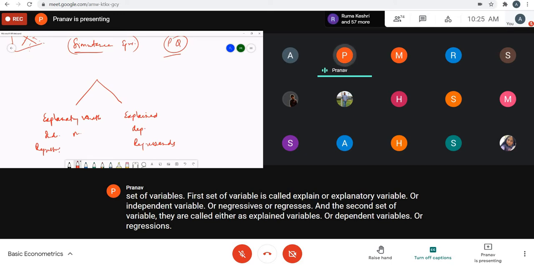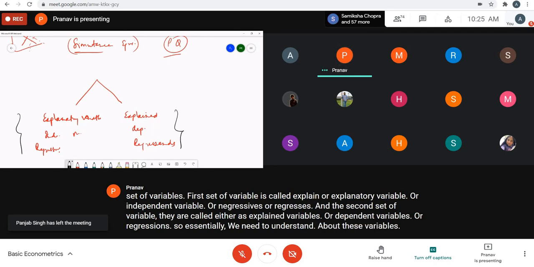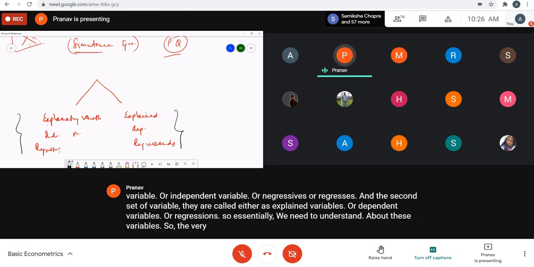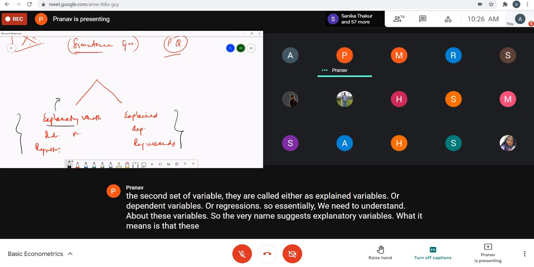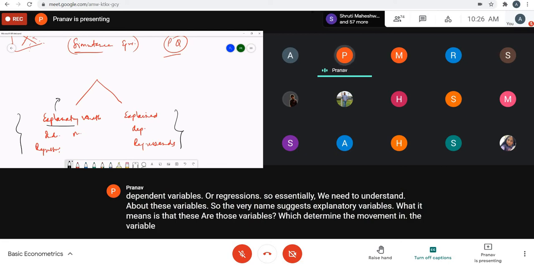So essentially, we need to understand about these variables. The very name suggests explanatory variables. What it means is that these are those variables which determine the movement in the variable about which we are trying to establish anything.